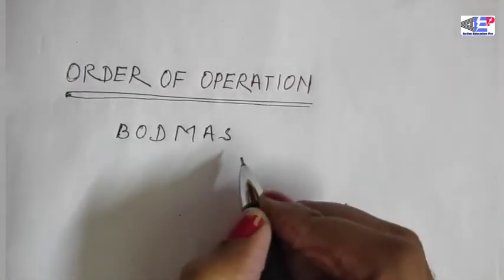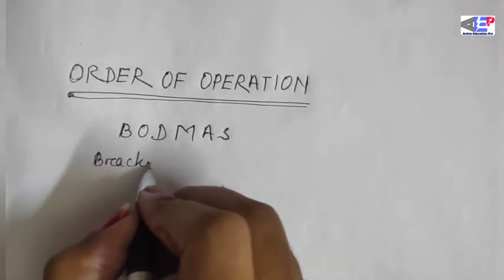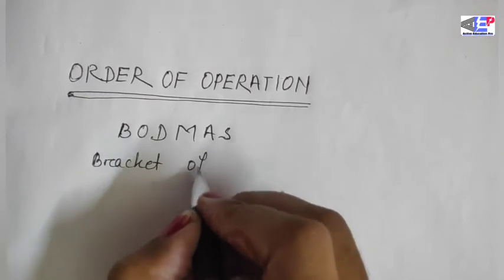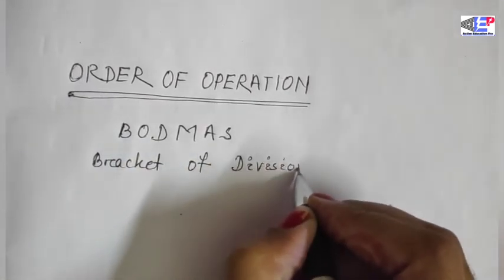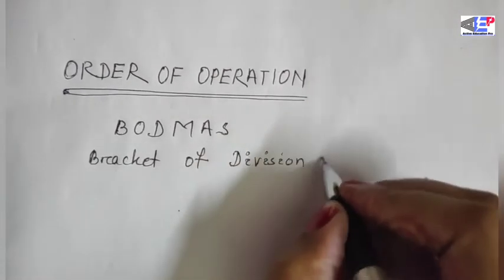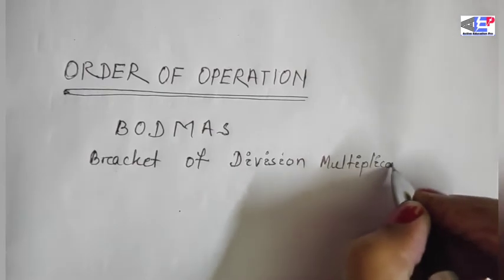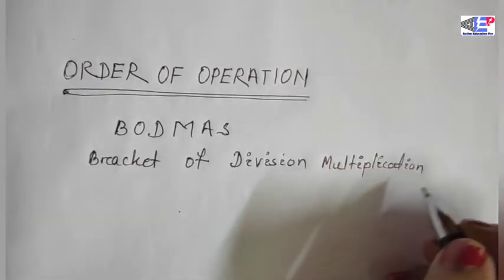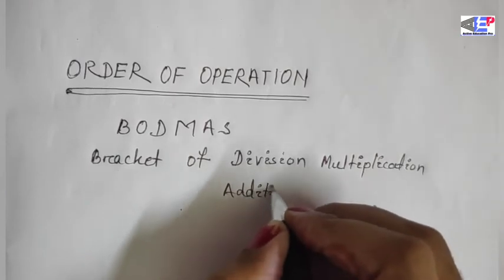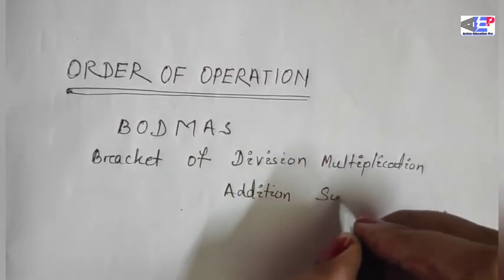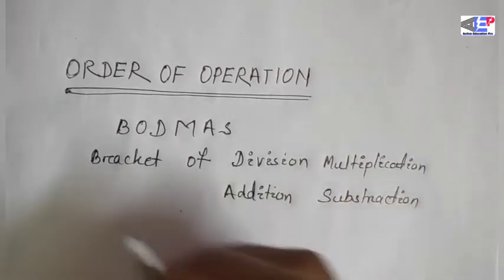We follow these rules. B for bracket, O for of, D for division, M for multiplication, A for addition, S for subtraction.